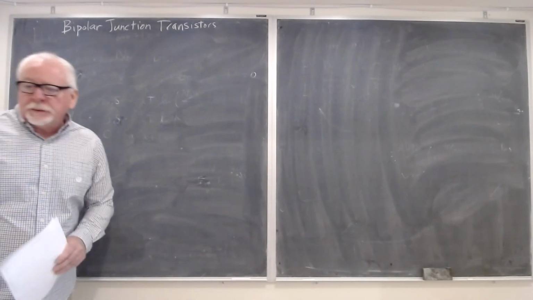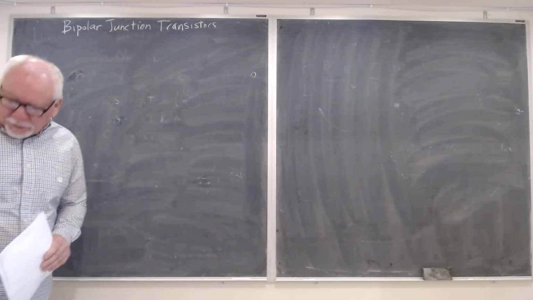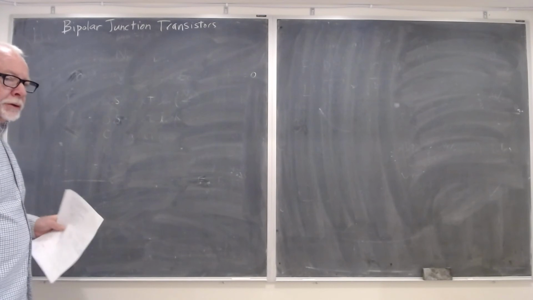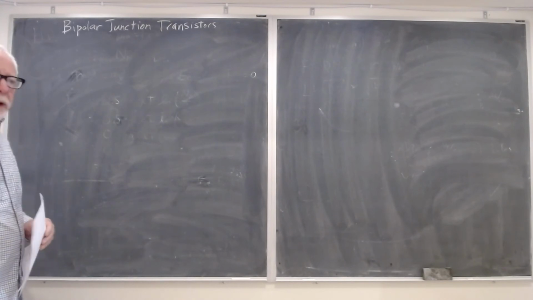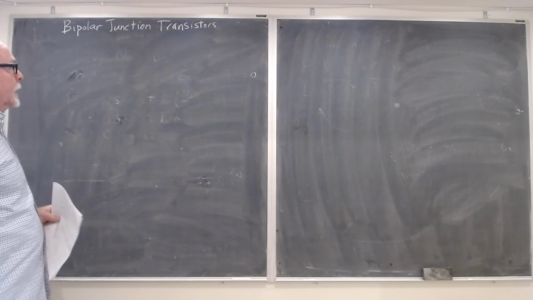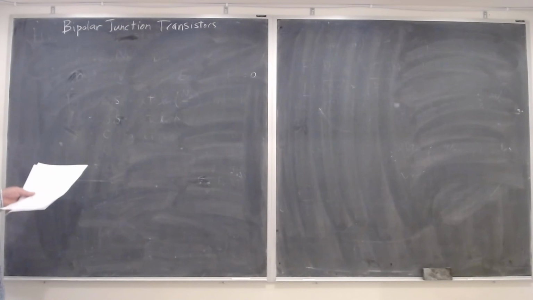This is our first what's called three-terminal device, which is basically starting with devices that can be used for amplifiers or logic gates or things like that, because they can have gain. And so let's just get started here.